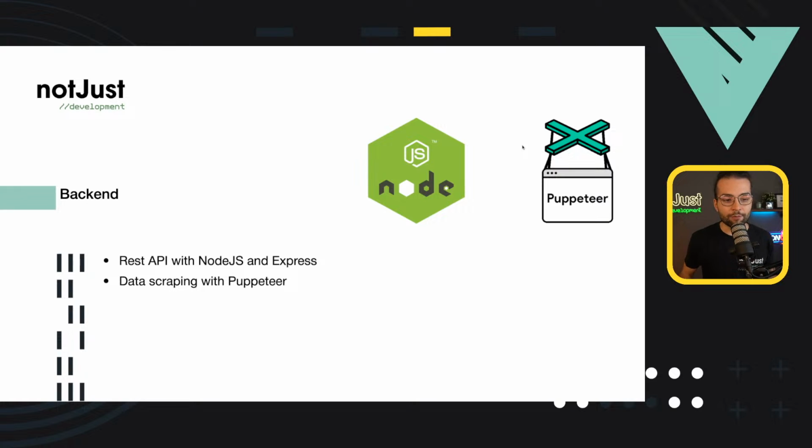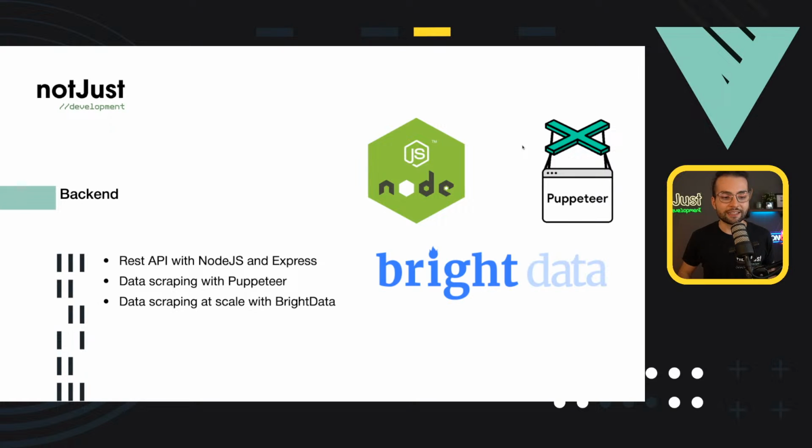For that, we're gonna implement a data scraper with Puppeteer, and we're gonna see how we can navigate from our code to different websites, how we can parse everything to get the data that we need. And the most interesting part is going to be the data scraping at scale using BrightData.